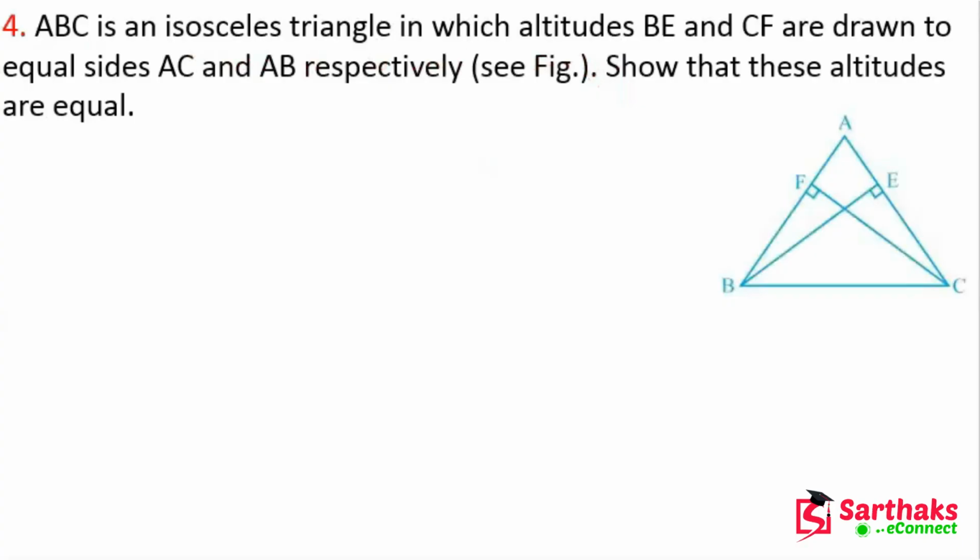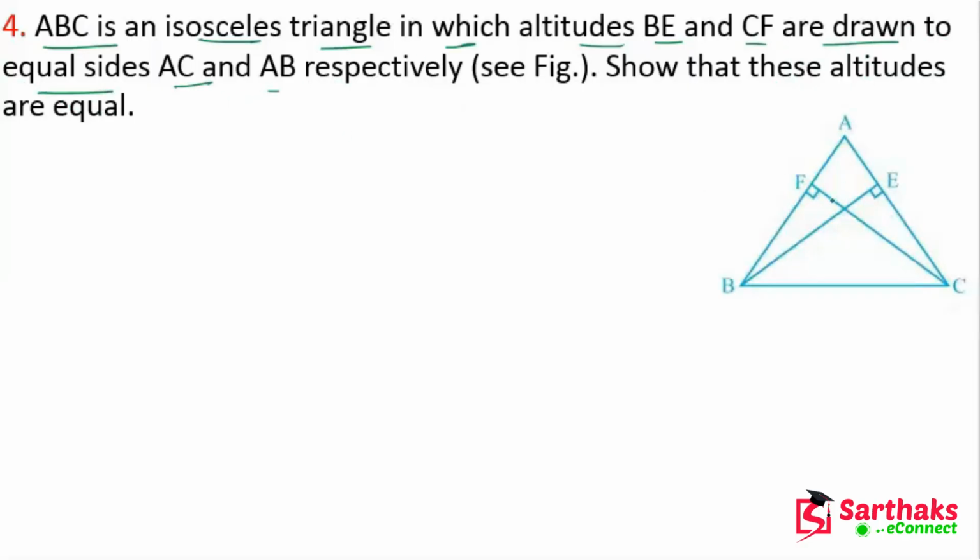Yeah, so now my dear friends, the next question is, ABC is an isosceles triangle in which altitudes BE and CF are drawn to equal sides AC and AB.